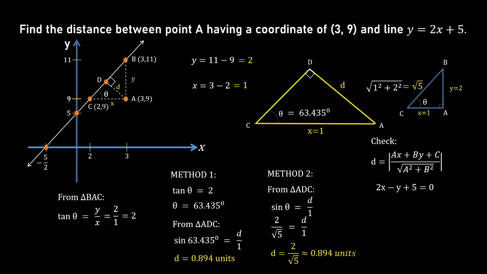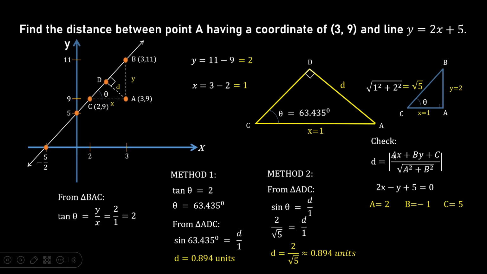The a variable in the formula pertains to the coefficient of the term in the equation of the line having the variable x. B is the coefficient pertaining to the term having the y variable, and c is the constant. This x here pertains to the x coordinate of the given point, while y is the y coordinate of the given point. So a here is 2, b here is -1, c is equal to 5.